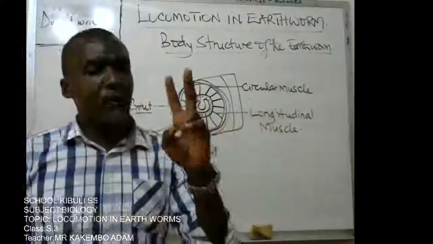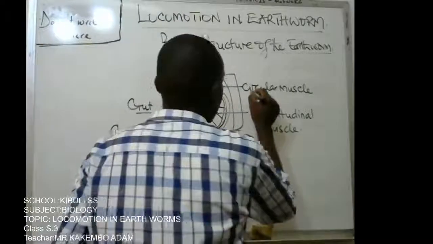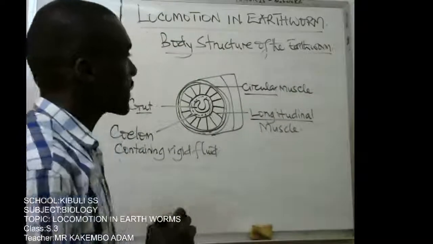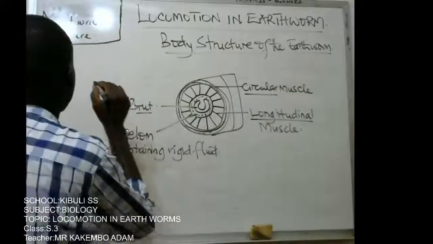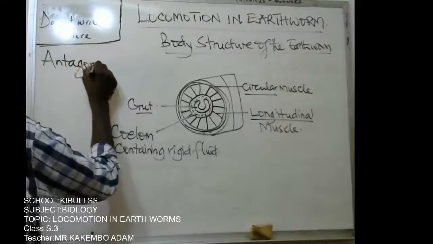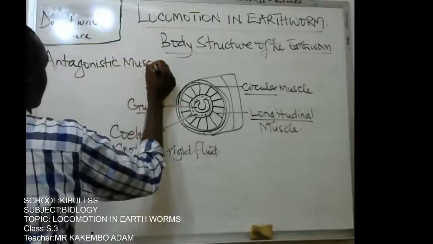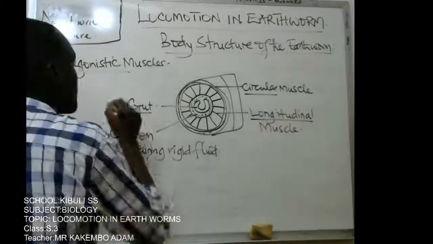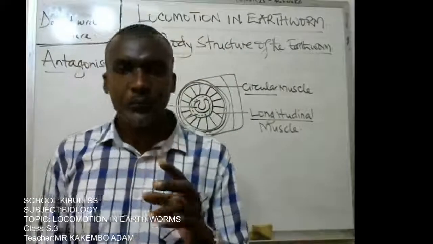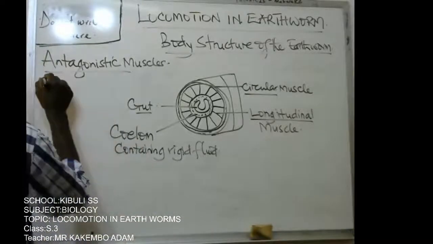Now, since it's made up of two separate muscles, the circular muscle and the longitudinal muscles, the circular muscle and longitudinal muscles are antagonistic. Meaning what? Remember we said antagonistic muscles are the type of muscles which bring about opposing effects to one another.